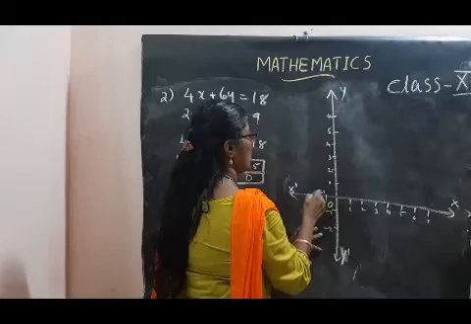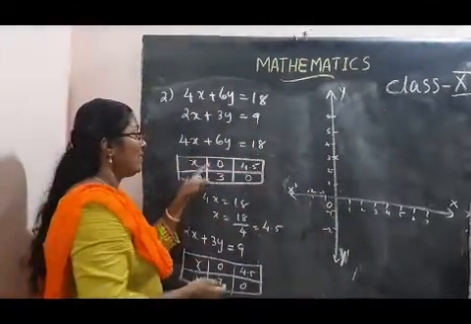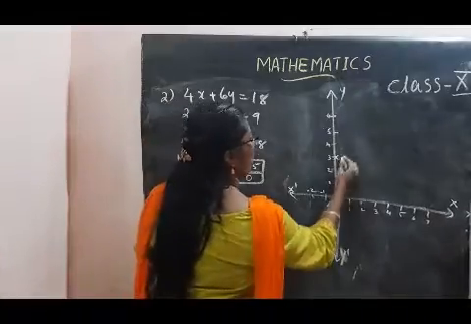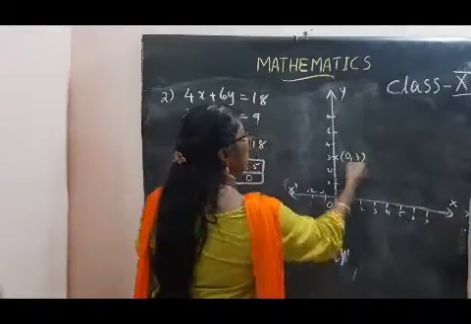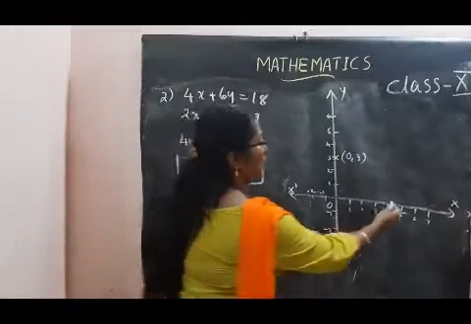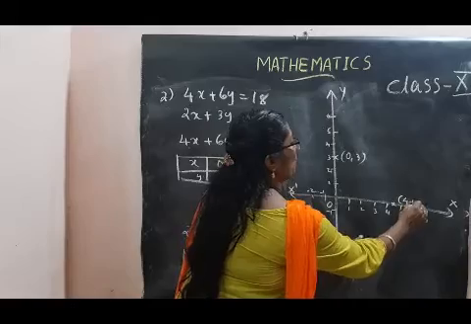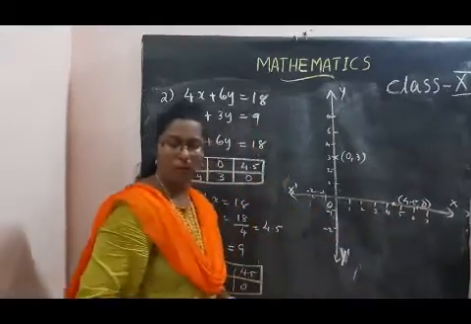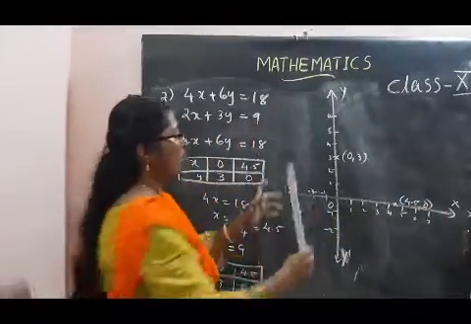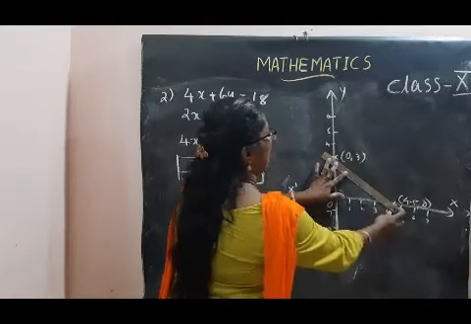Here is (0, 3), then (4.5, 0). By joining these 2 points, we get a straight line.